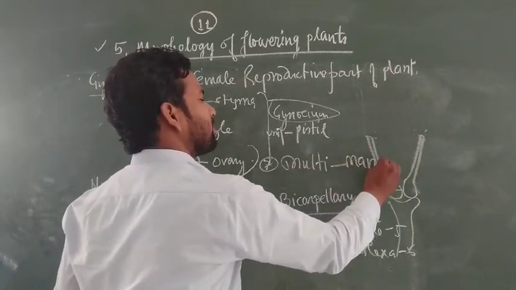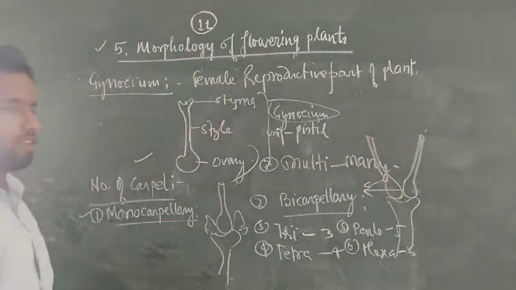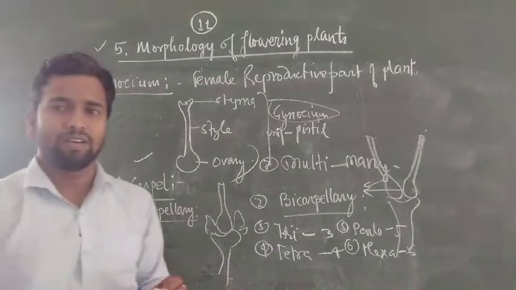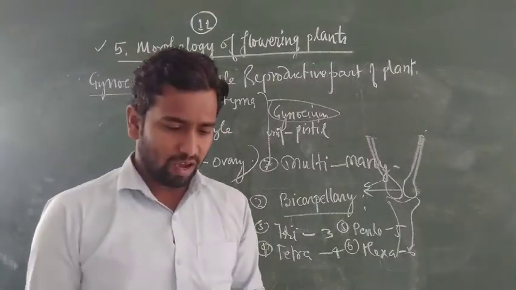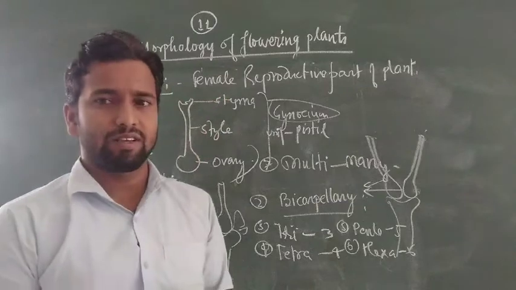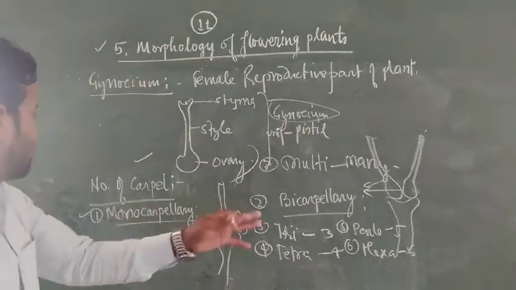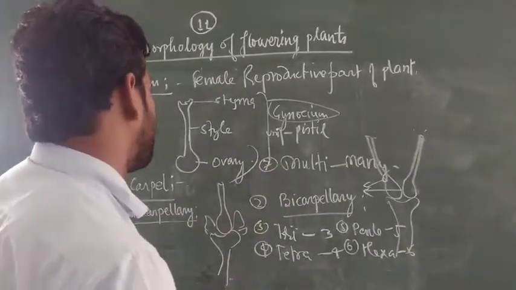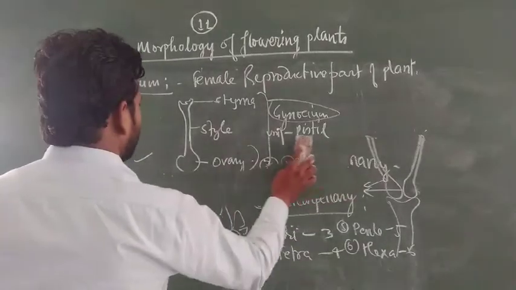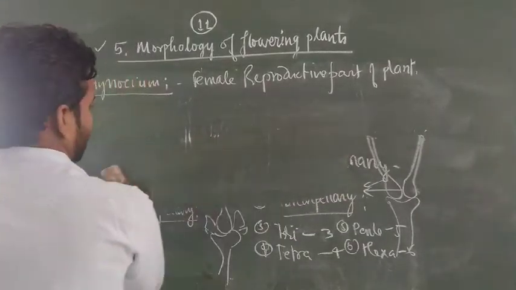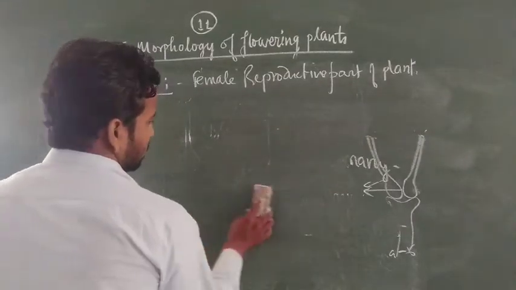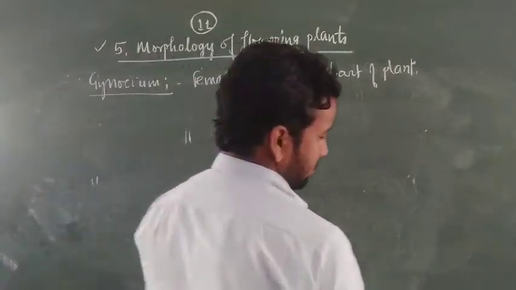Here the number of carpels is not fixed. These are all carpels, but in this condition all carpels are separate, they are not fused. Now talking about cohesion. Cohesion tells whether carpels are attached or not.